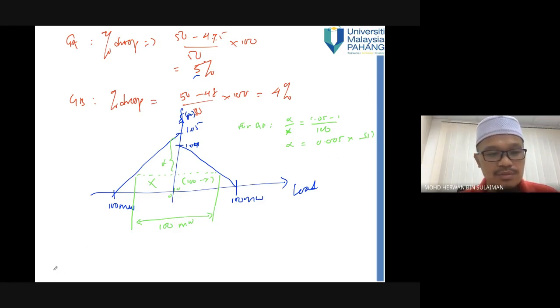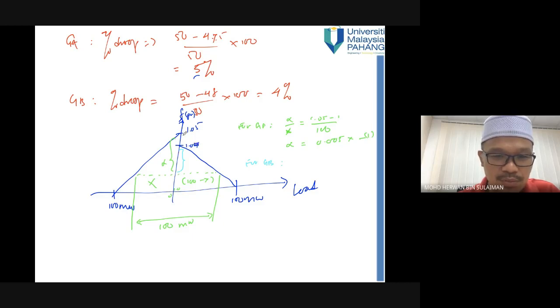Next, for G2, or for GB, basically this one was 1.05 minus 1.04, right?